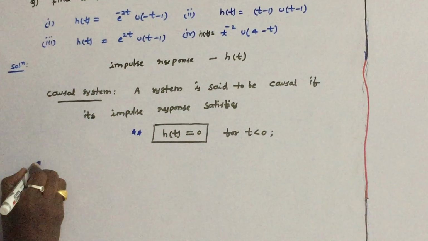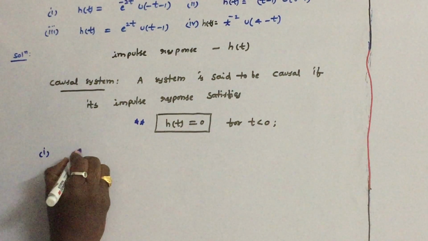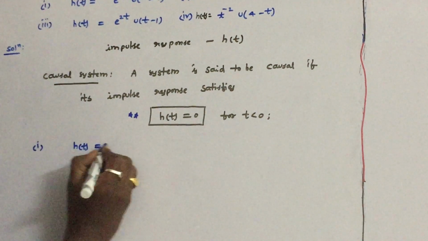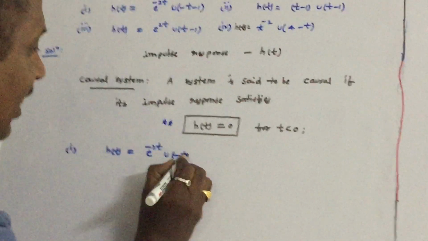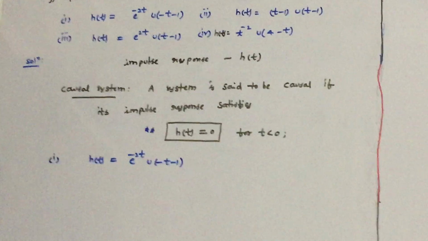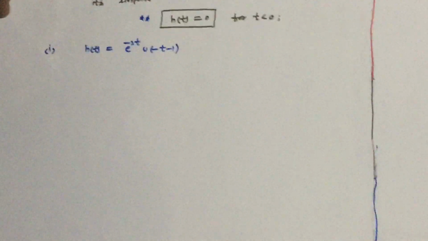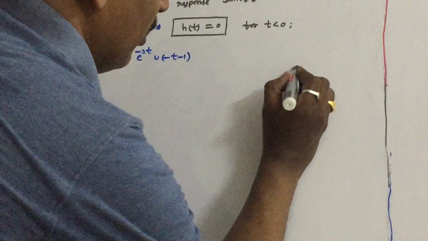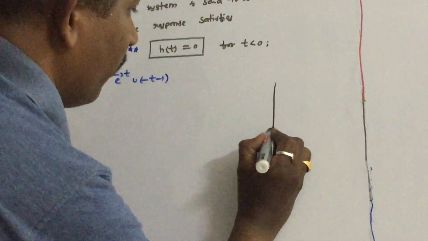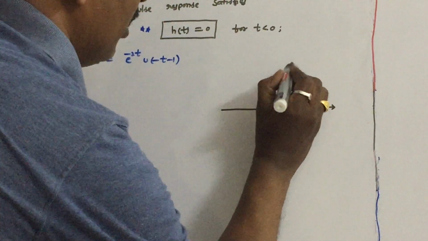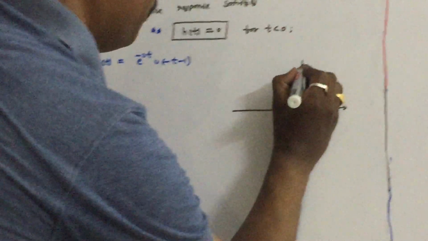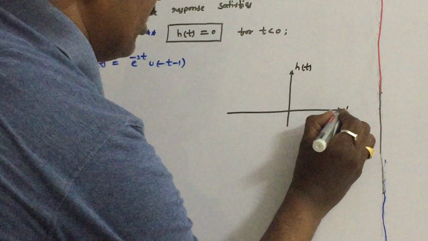So let us see these examples one by one now. What is the impulse response of the first system given? e power minus 2t into u of minus t minus 1. You can see whether this impulse response exists on the left side or not. Let us draw h of t versus t.